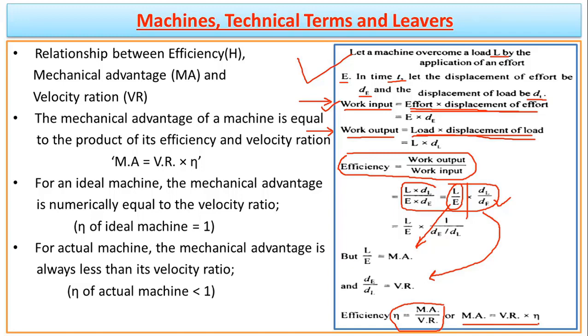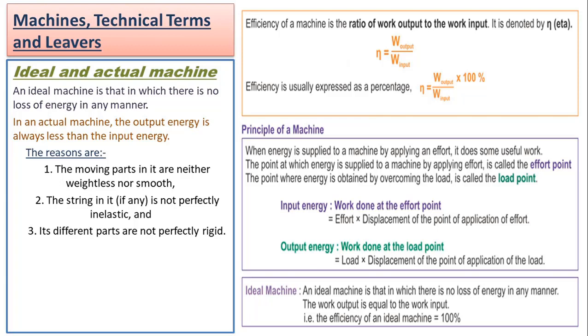Students, on the basis of efficiency, we can also classify a machine. Let's understand that also. Here, you can see that on the basis of efficiency, you can classify a machine into two basic forms, as an ideal machine and an actual machine. An ideal machine is one in which there is no loss of energy, whereas in an actual machine, we observe that the output energy is always less than the input energy.